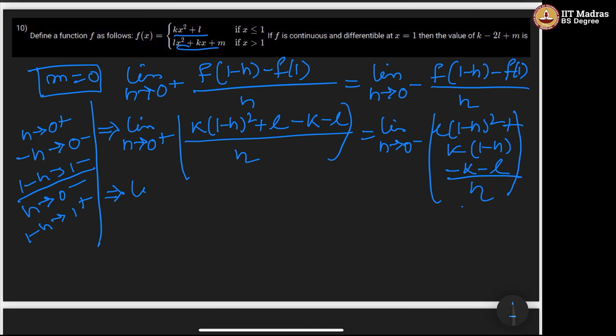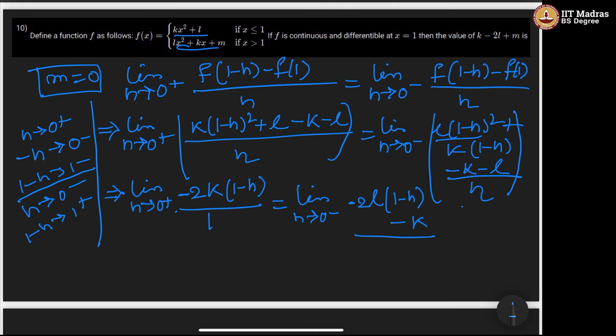So then we will get 2k(1 minus h) minus... by 1. Okay, and it is equal to, as h tends to 0 minus, if we do the derivative here, similarly 2l(1 minus h) minus k by 1.